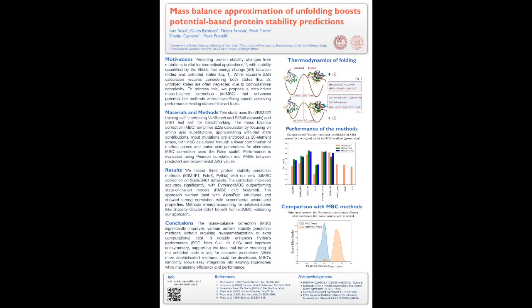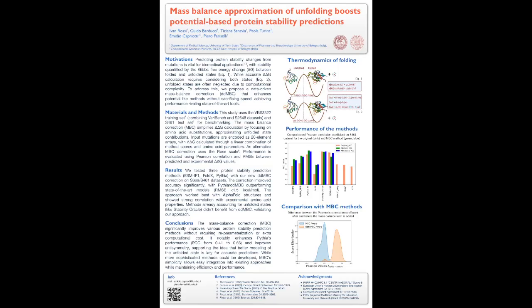If one does that, it is possible to derive this contribution in a data-driven way by fitting a 21 element linear combination to some training and test data, which is exactly what we did to derive our data-driven mass balance correction.